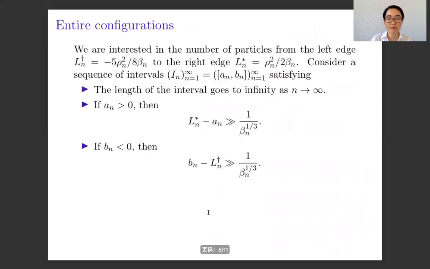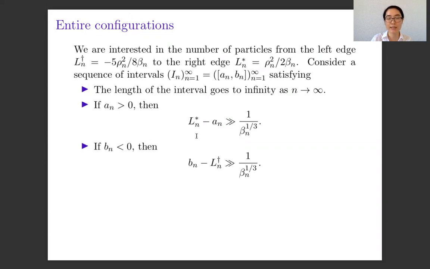Our work aims for the entire particle configuration from the left edge L dagger, defined to be negative 5 rho squared over 8 beta, to the right edge L star, defined to be rho squared over 2 beta. Roughly speaking, most particles will stay in the interval from L dagger to L star. We are interested in the number of particles in a sequence of intervals I_n satisfying the following three assumptions.